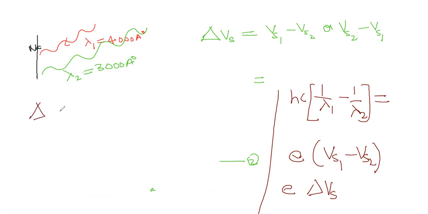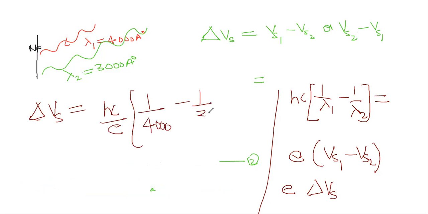Delta Vs, the change in the stopping potential, is equal to, e will go to the denominator on that side, Hc by e into 1 by 4000, which is 1 by lambda 1, minus 1 by 3000. Now we have to substitute the H value, C value, and E value, and solve for delta Vs.